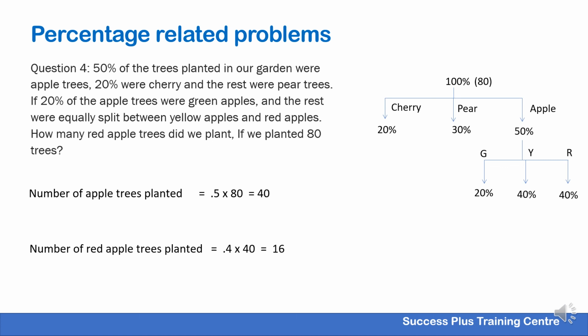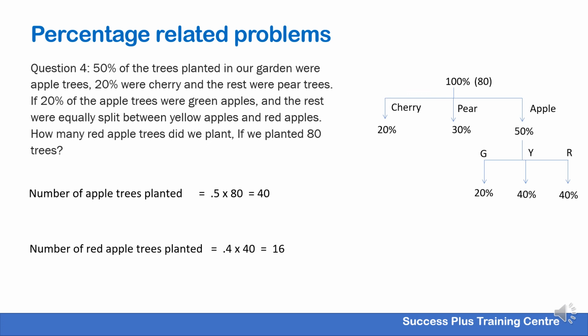And that's equally shared between the yellow apple trees and the red apple trees, which means the percentage of the red apple trees equals 40%. From here, we should note that the number of red apple trees should equal 0.4 times 40, which is equal to 16.